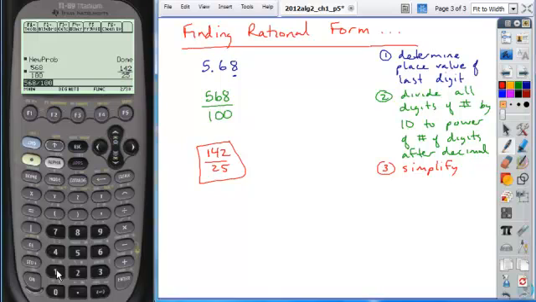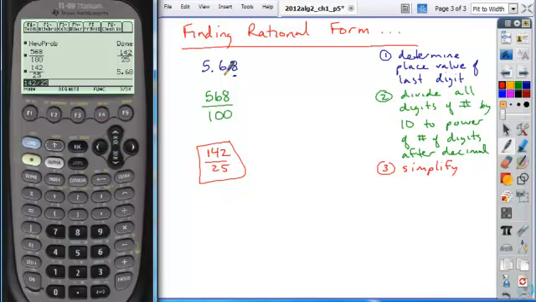So if you took 142 divided by 25. Does anybody know how I can make sure that my calculator shows me the decimal value? Green diamond. So if I hit green diamond, and it highlights this little green diamond here, and hit enter, I get 5.68. It confirms that I got the right answer.